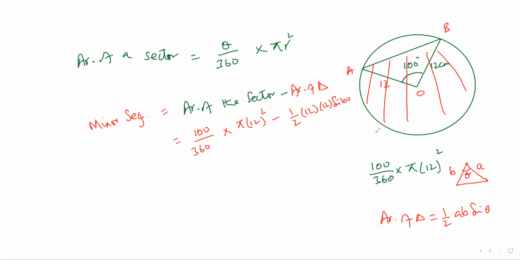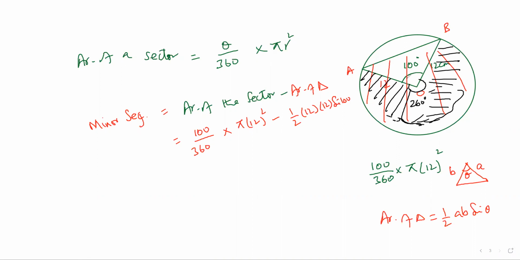How would you do that? How would you find that area? For that purpose, you first of all need to know what this angle is here. That is going to be 260 degrees. So this black shaded area over here is going to be area of the major sector. And then will you add the triangle to it, or would you subtract the triangle from this? Add, add.